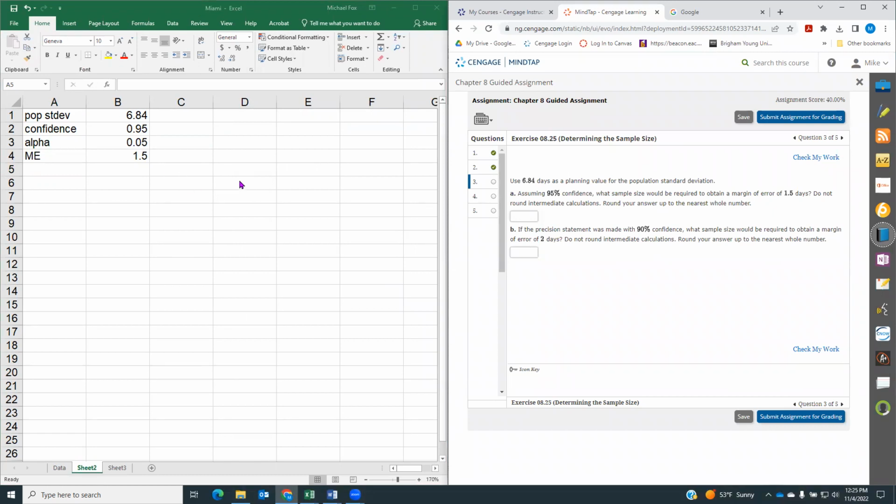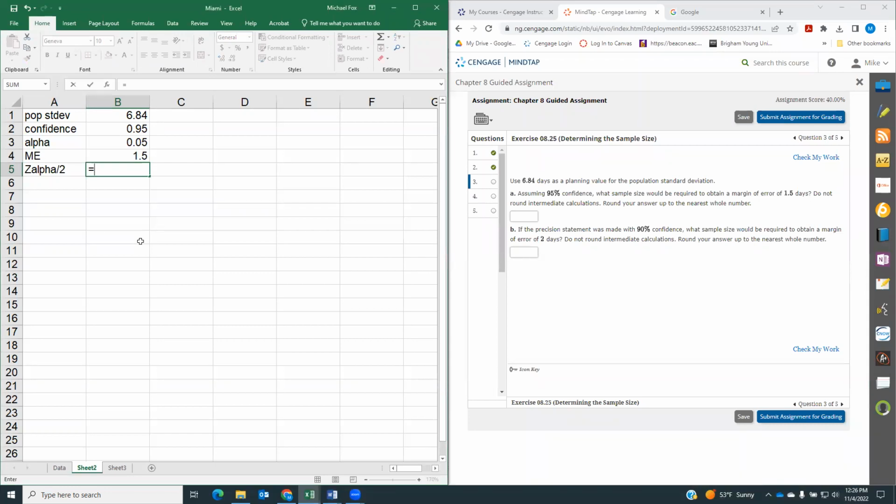And like I said, we're going to figure out the n by having the z-score of alpha divided by 2, squared. So I'm going to find the z-score of alpha divided by 2 to start with. I'm just going to call this the z alpha divided by 2. You can call it whatever you want, but I know what my alpha is.